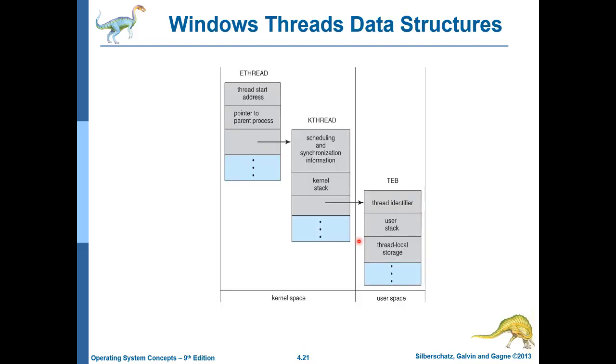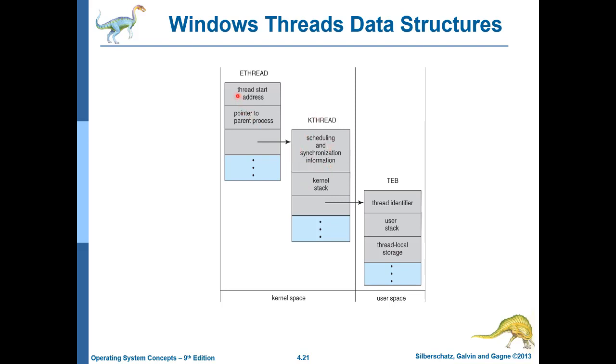So you see there are three data structures in Windows: E thread, K thread, and thread environment block, TEB, and two of them execute in the kernel space because they are related to the kernel. All things related to scheduling and synchronization or the kernel state are handled by the K thread.